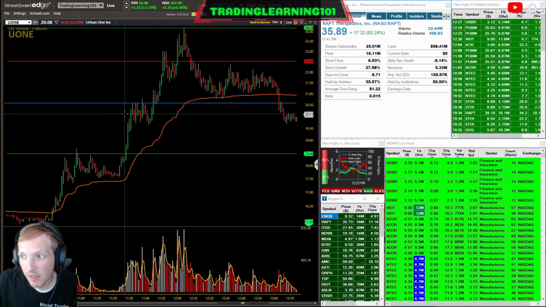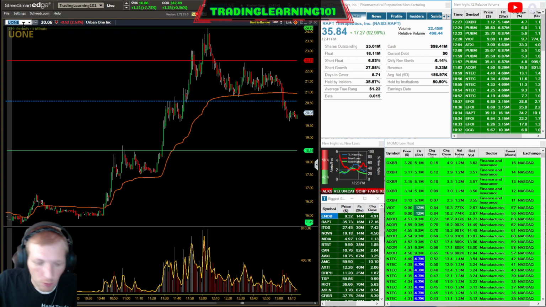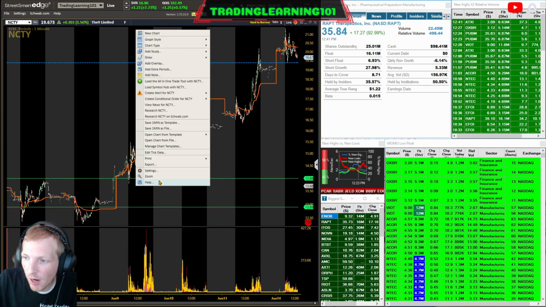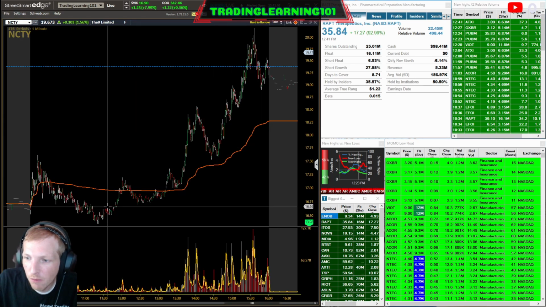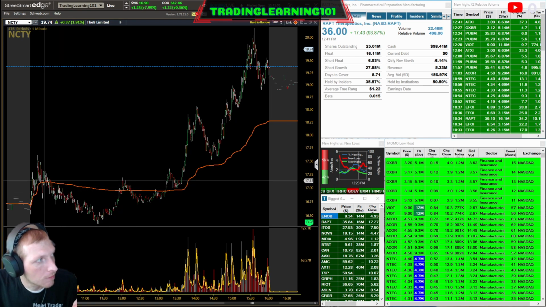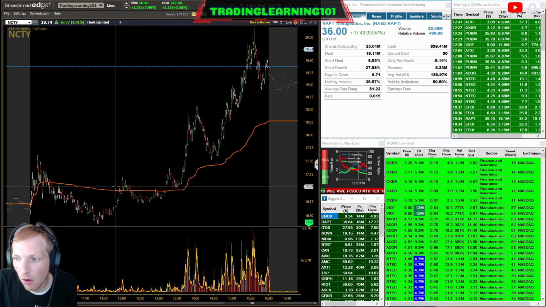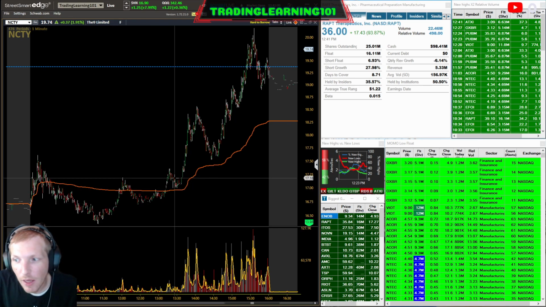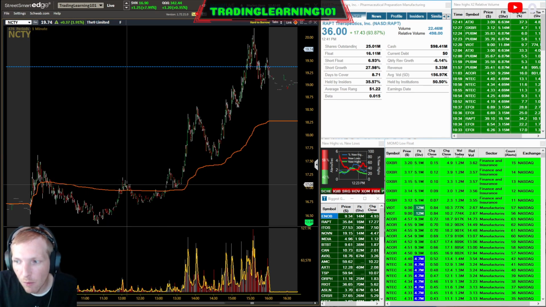So that's one example. Let's look at another one. NCTY from yesterday, Friday. Zoom in on this bad boy. You could see how the stock, look at how it moves all to this VWAP. In and out of the VWAP in the morning.